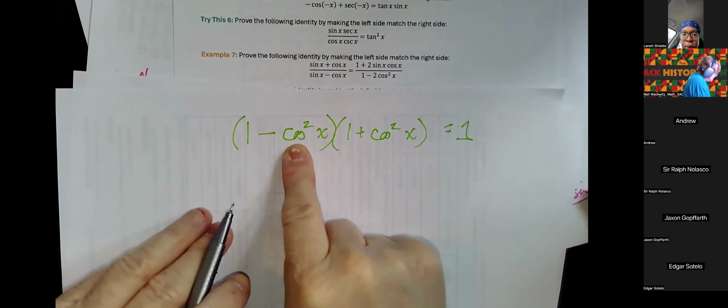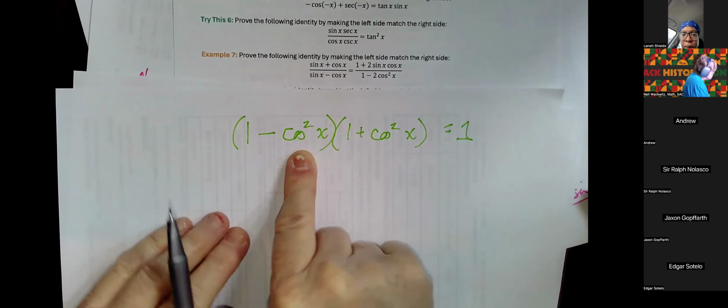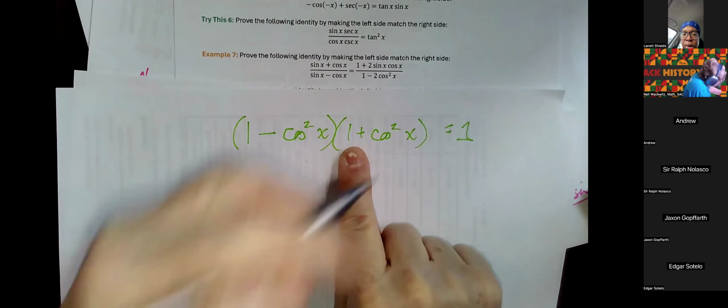Does that say cosine? Since this has 1 minus cosine squared x times 1 plus cotangent squared x.